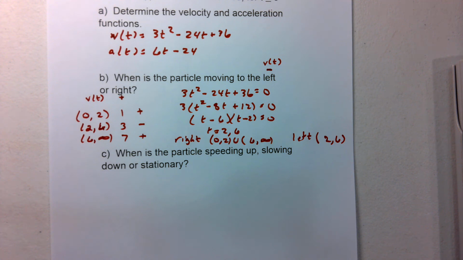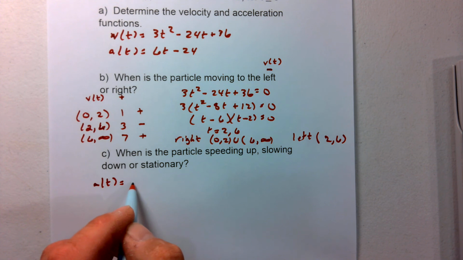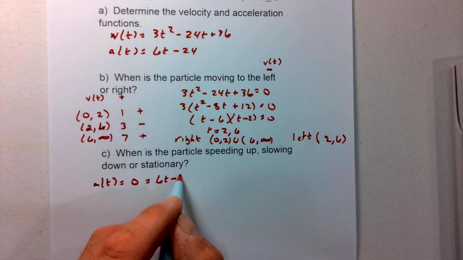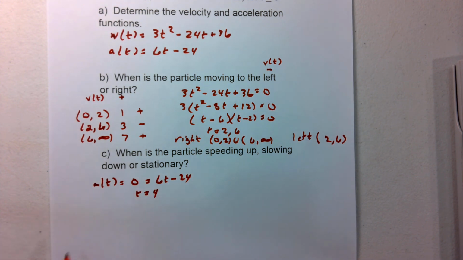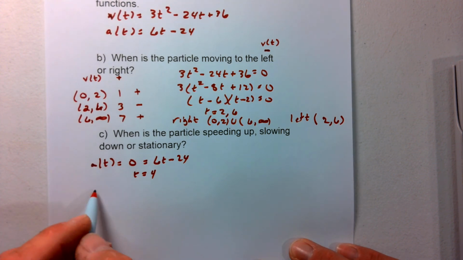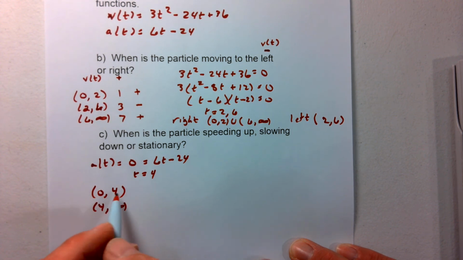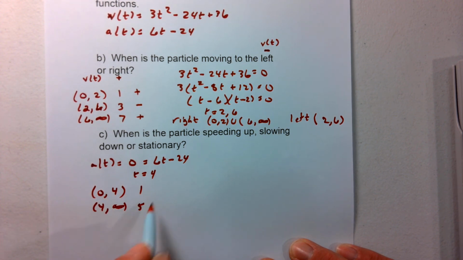So again, another problem like we had before. We set our acceleration equal to 0, so 6t minus 24, so we get t equals 4 as being our critical value from our acceleration. So we're going from 0 to 4 and then 4 to infinity. We're going to go ahead and test the value, maybe 1 and 5. Plug in 1, I get a negative value. 5, I get a positive value.